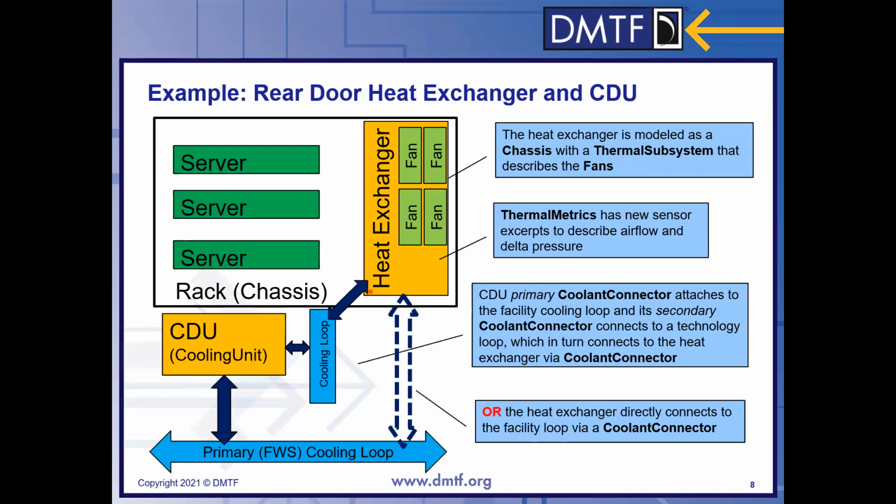The dotted arrow in this diagram is just showing that one of the other common implementations of a heat exchanger at the rack level would be directly to the chilled water system at the facility level. So no local cooling unit, just a direct connection to an external cooling loop. So you can see that it would be one or the other of those things, either the CDU or the direct piece.